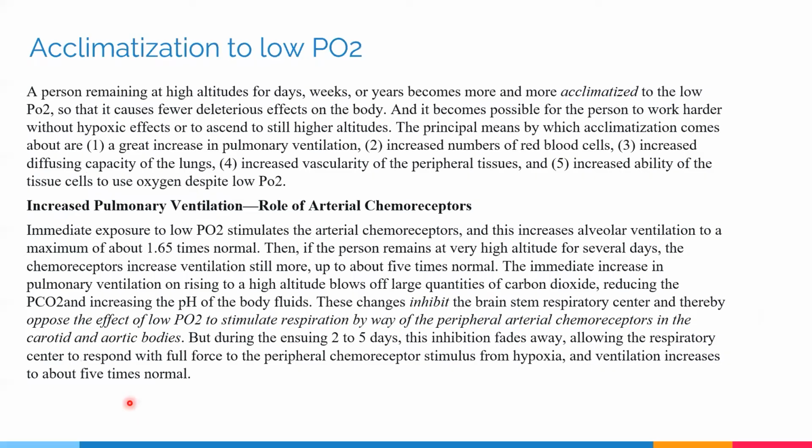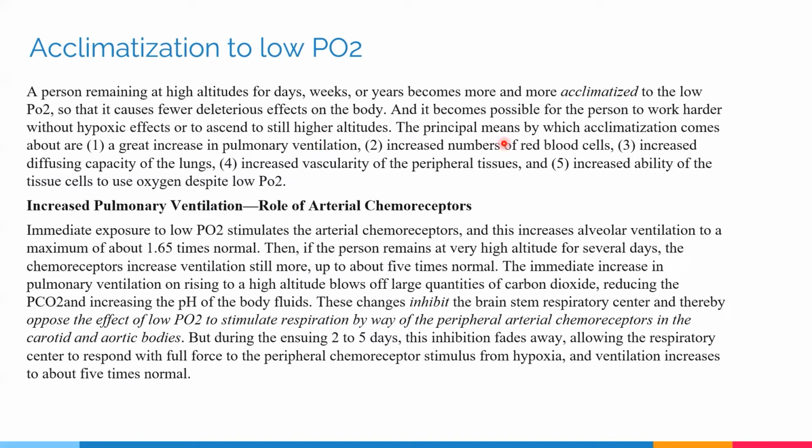Next, we look into acclimatization to low PO2s. A person remaining at high altitudes for days, weeks, or years becomes more and more acclimatized to the low PO2, so that it causes fewer deleterious effects on the body. And it becomes possible for the person to work harder without hypoxic effects or to ascend to even higher altitudes.